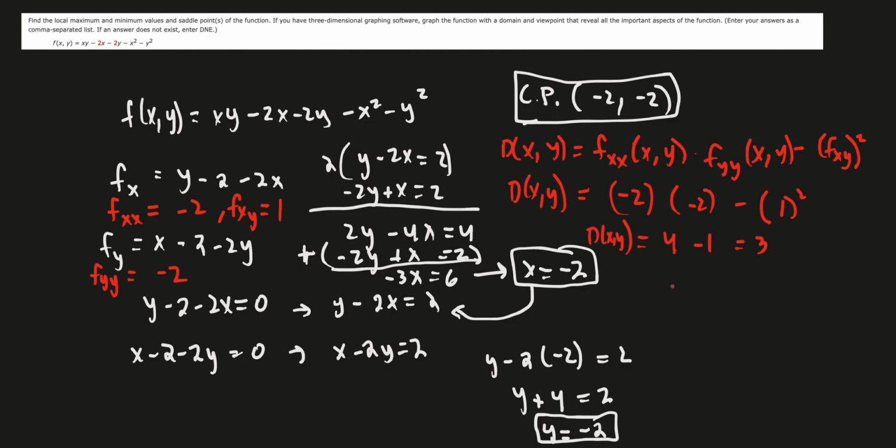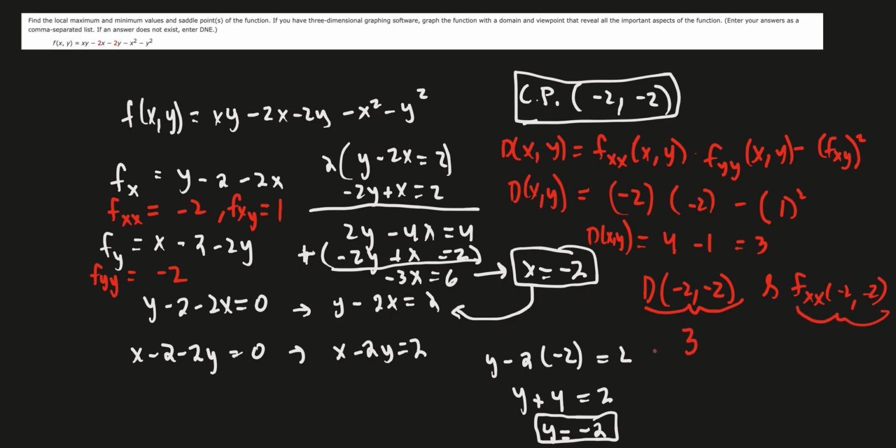Now the values that we need to see are D of negative 2, negative 2, and f xx of negative 2, negative 2. D, we know, whatever the value of x and y, is always going to be the constant 3. That's what we saw here, so it's 3.